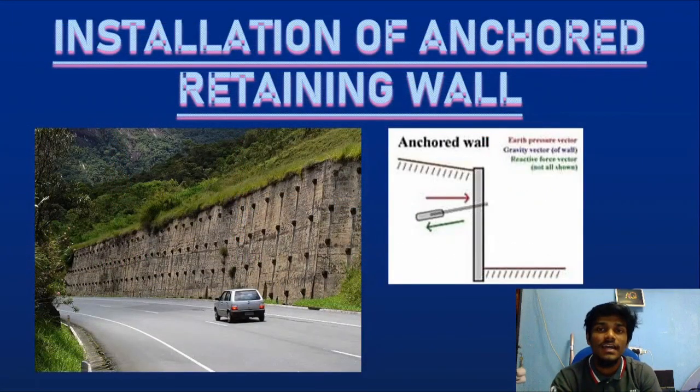Installation of anchored retaining wall. There is an example picture for the anchored retaining wall. Anchored retaining wall. This wall keeps itself from toppling by having cables driven into the soil or rock, fixed by expanding anchors, and can be combined with other types of wall. So that is the definition of the anchored retaining wall.